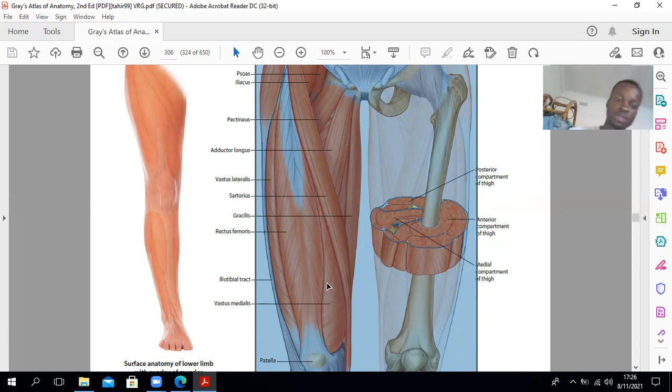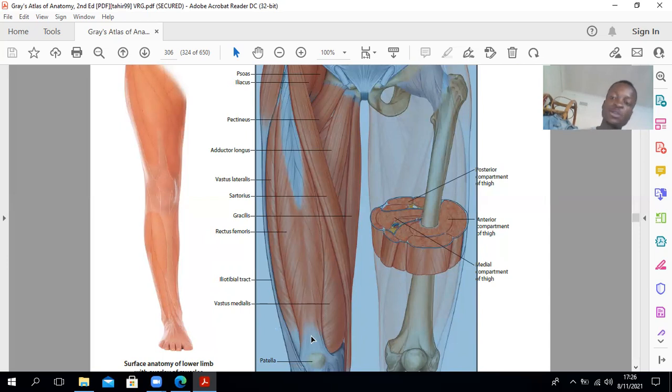So these muscles, with the exception of the sartorius, which I'll describe a bit later, if they cross the knee joint, that is the anterior compartment muscles, they're going to extend it. If they cross the hip joint, they're going to flex it. The only weird one will be the sartorius muscle, which is going to flex both the hip and the knee joint.